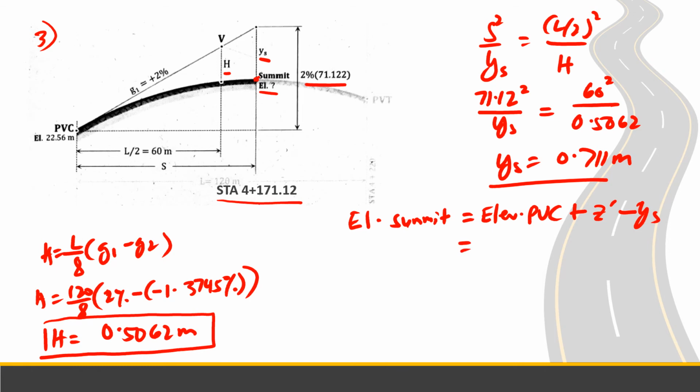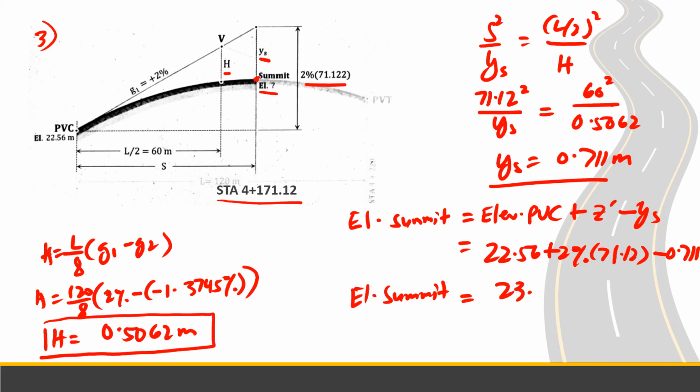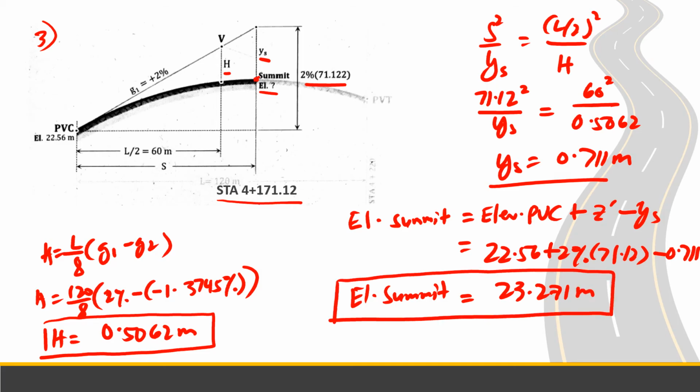So this is equal to 22.56 plus 2% of the S, or 71.12, minus Ys, which is 0.711. So the elevation of the summit is equal to 23.271 meters. That is the elevation of the summit. So that is for sub-problem number 3.